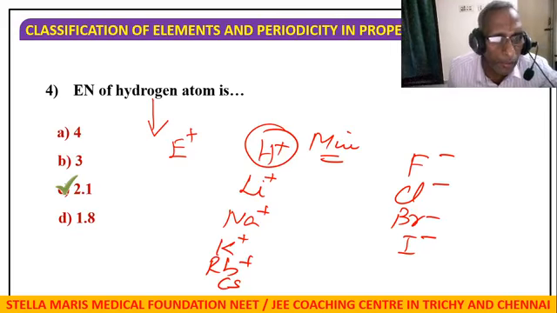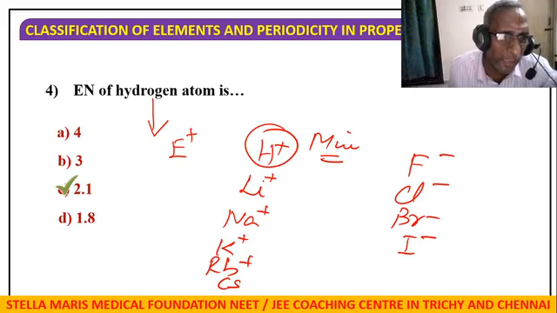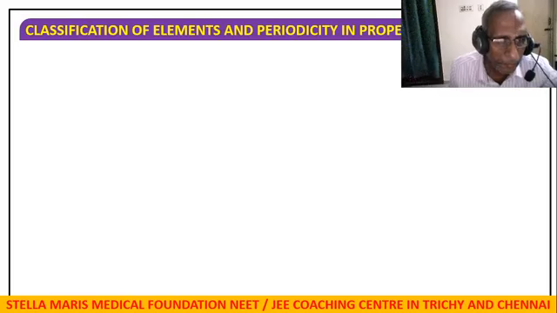Electronegativity will not be described like this; it is given some number in that scale.